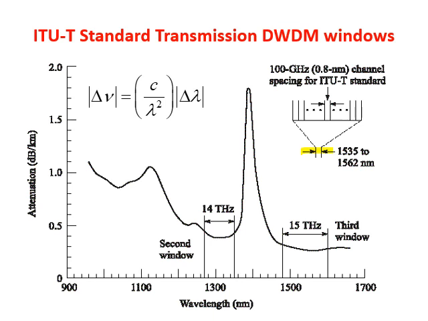This is the wavelength range considered for these standards. There are the first, second and third windows, with wavelengths in the 1300 nanometer range and the 1500 nanometer range. These are the windows where different wavelengths can be used for the WDM concept, shown in graphical representation as per the telecommunication standard.